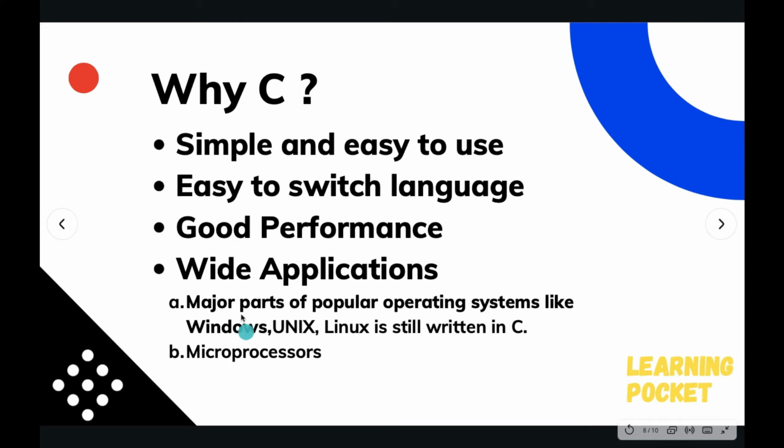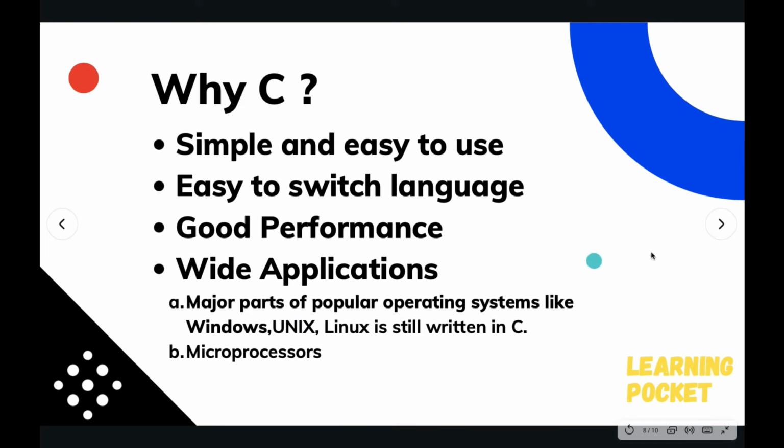About the good performance, you must have washing machines or ACs or refrigerators. All these devices have a microcontroller in them, which controls the system, and most of the time the program written in that microcontroller should be very fast, very quick, and should consume less space. So most of the time C is used. And if you have a doubt about what Linux and Unix are, these are also operating systems, just like Windows.